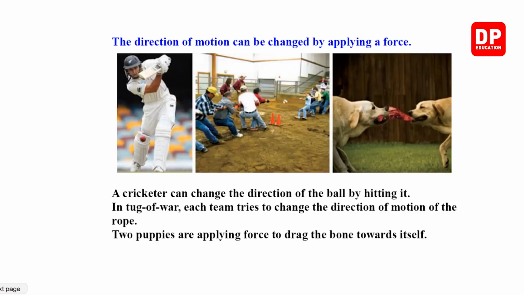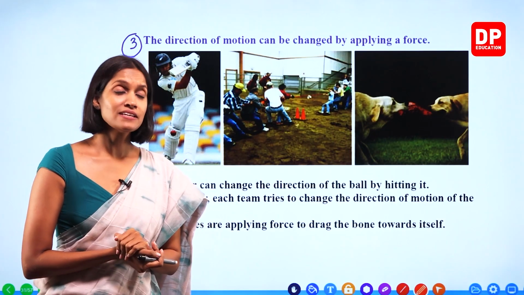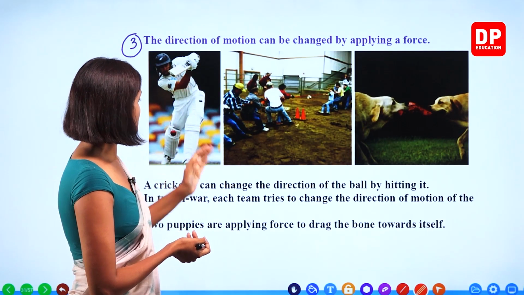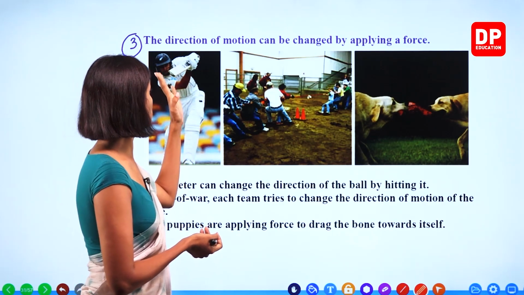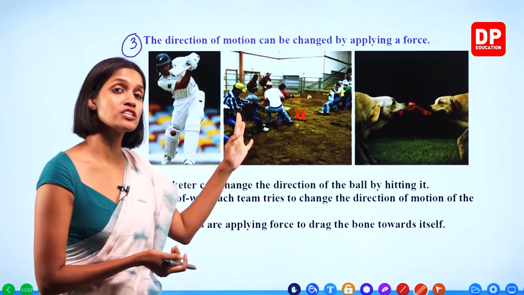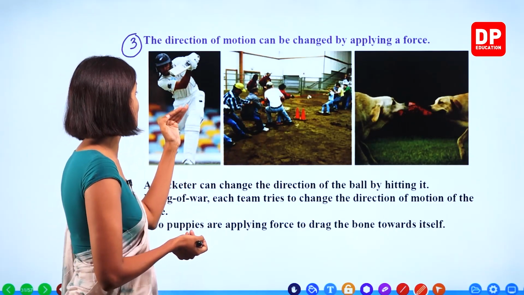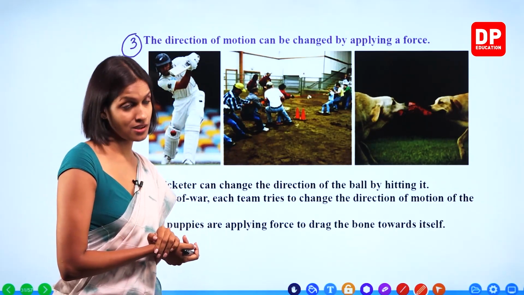Number 3. The direction of motion can be changed by applying a force. Let's look at the first example. A cricketer, or a batsman, can change the direction of the ball coming towards him using the bat.